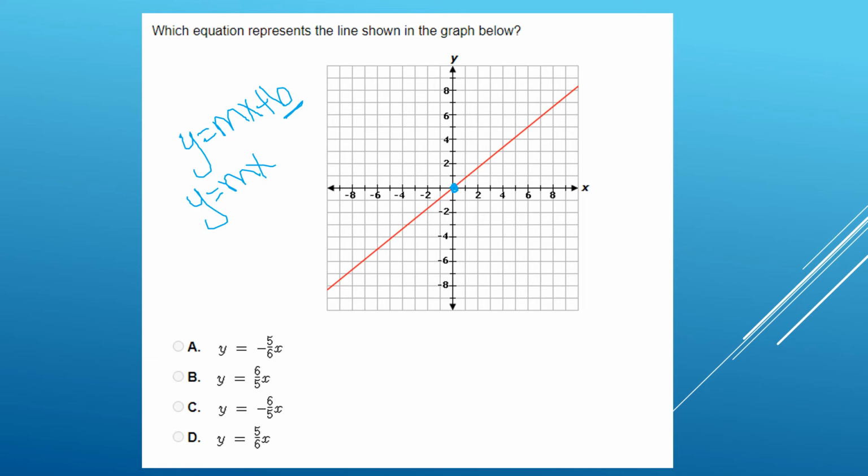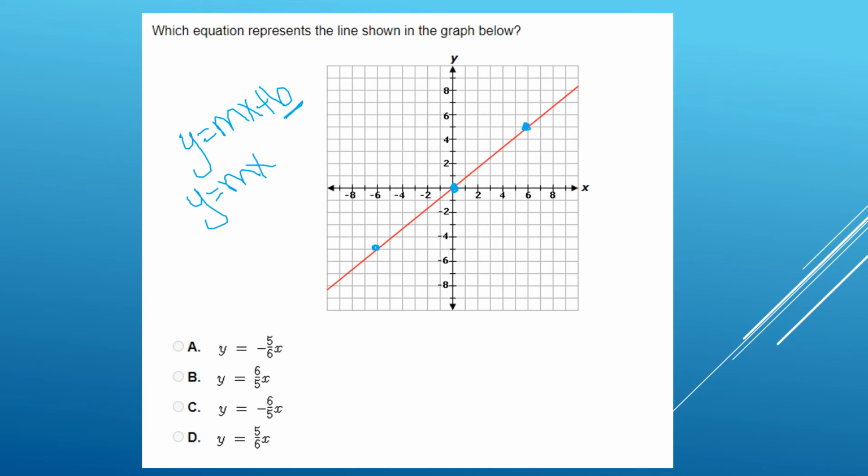Okay, now I've got to find the slope. It looks like I've got 5 and 6 here, so I'm going to go up here and find another point where my line crosses exactly. It's here and here.